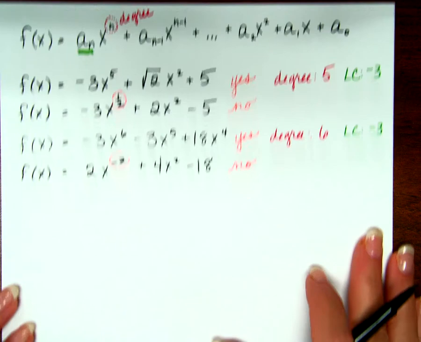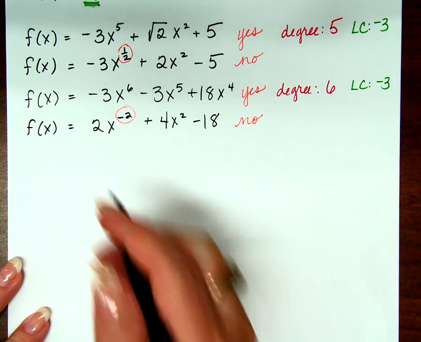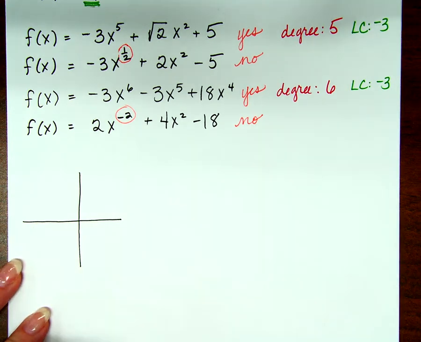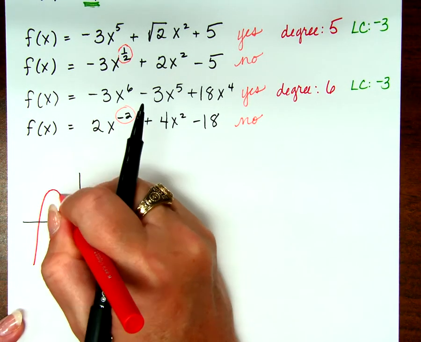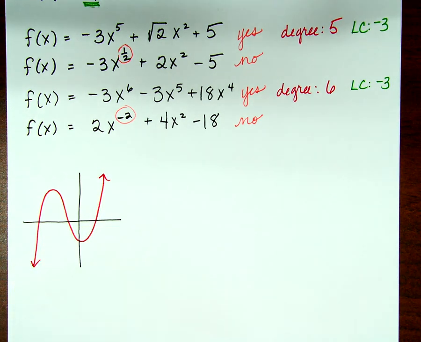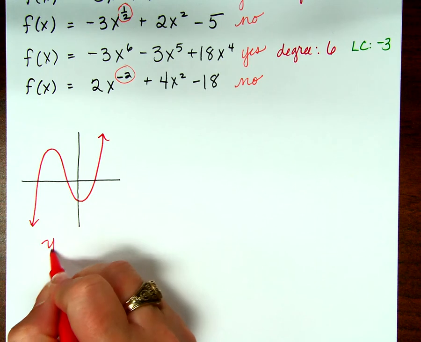So there's another way you can try to classify or identify polynomial functions, and that's by the graph. Okay? So if we look at this graph right here, is this a polynomial? Well, yes it is.